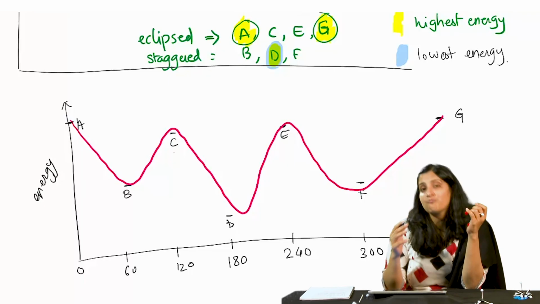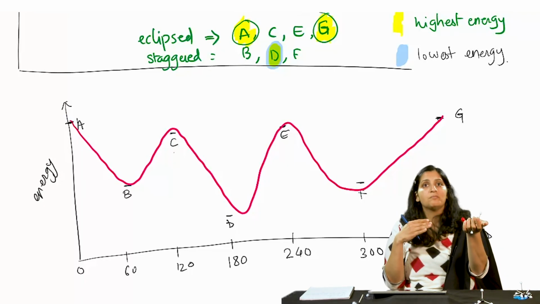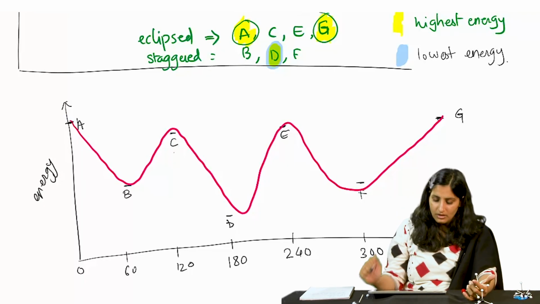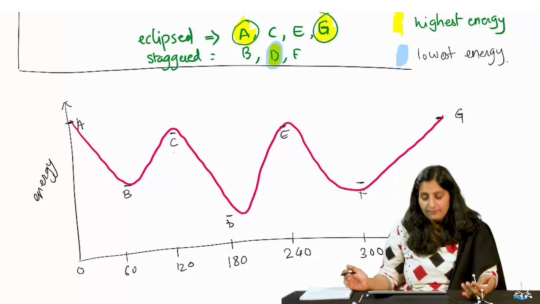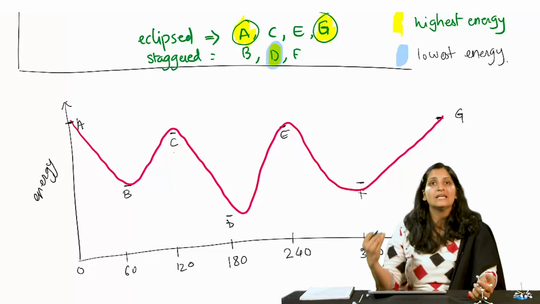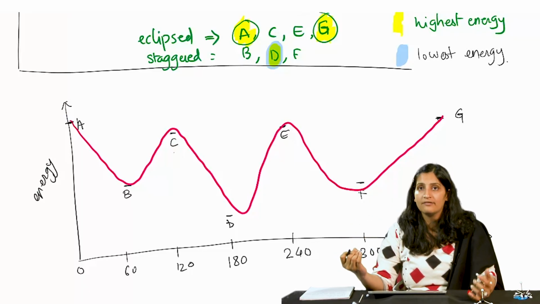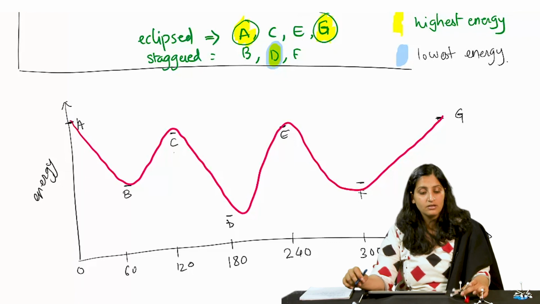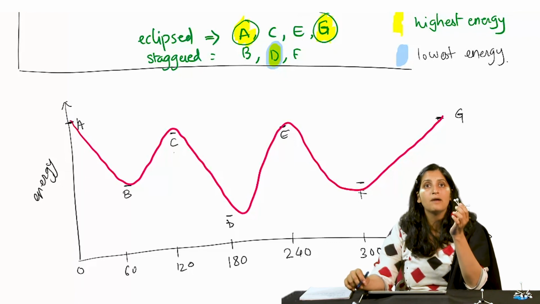In fact, it is close to 5 kilocalories per mole more than D. You can refer to the following graph and look at the energies of A, B, C, D, E, F, G and correlate whether you get the same numbers by looking at the corresponding table.